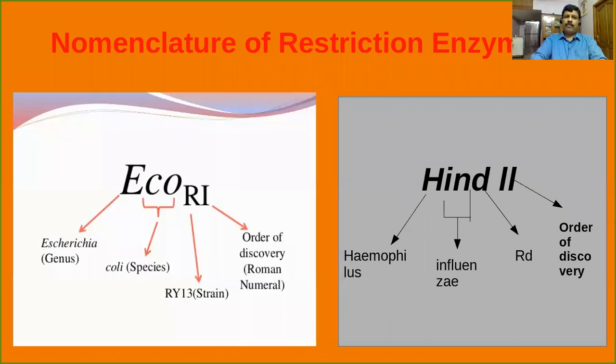First of all, we have to learn the nomenclature of restriction enzymes. Dear students, there are so many restriction enzymes that have already been identified. Around 900 restriction enzymes have been obtained from different types of prokaryotic cells, especially bacteria.